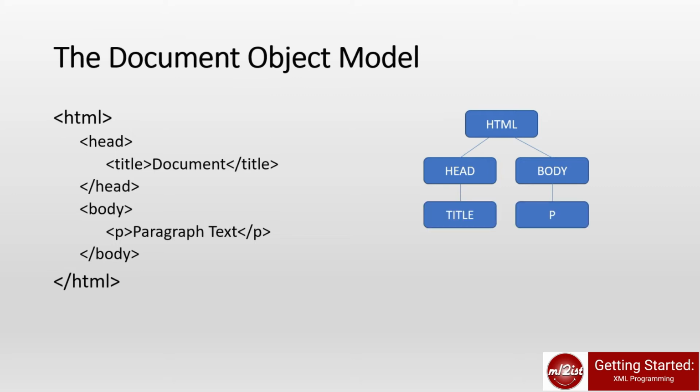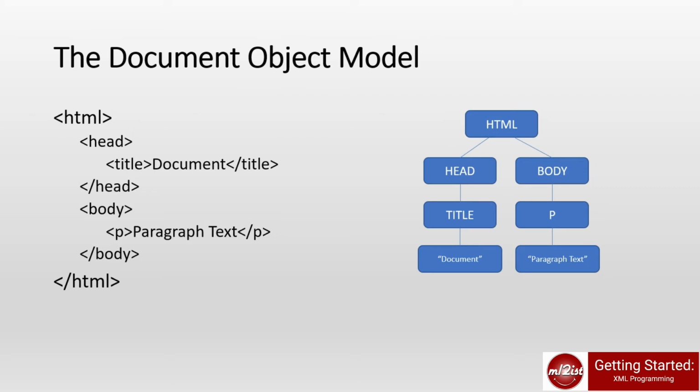Then inside the head and body are the title and the paragraph tag. So far we've talked about tags, but the actual text content of these tags are themselves nodes. So inside the title tag you have a text string called document, and inside the paragraph you have a text string which has the value paragraph text.